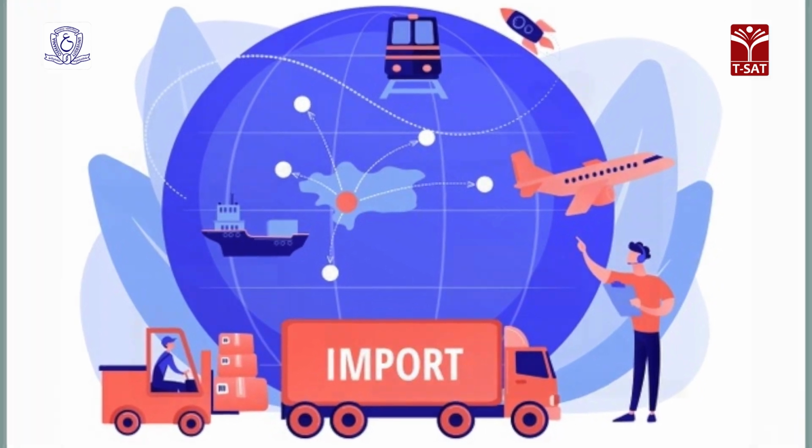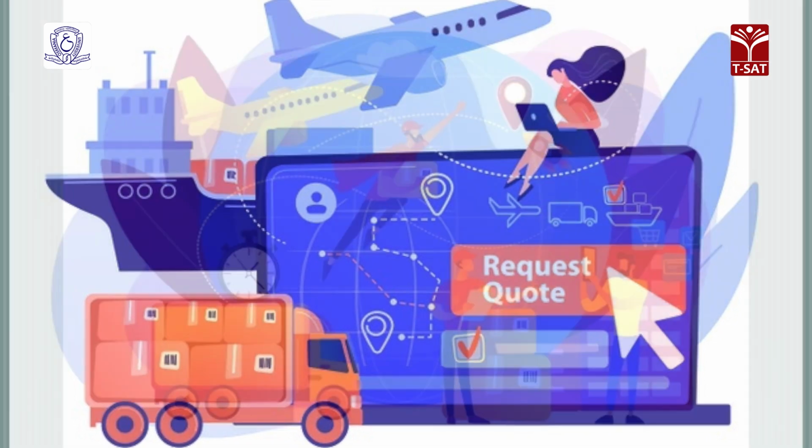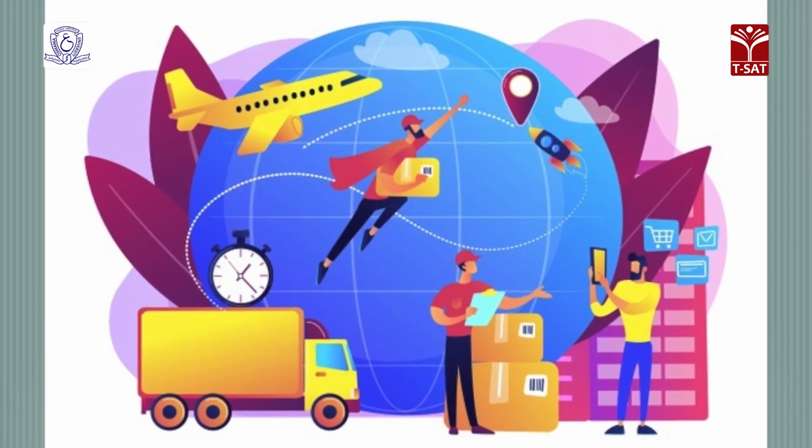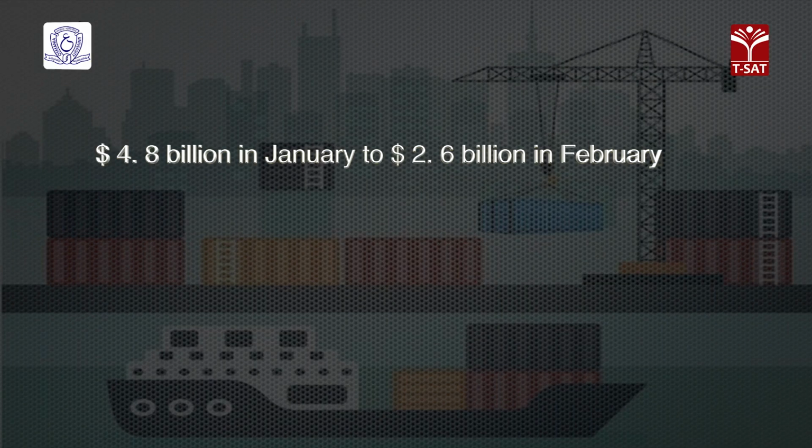Goods by geographic area, not seasonally adjusted. Suppose you are reading about the trade deficit with Canada, and you found that the goods deficit with Canada decreased significantly from approximately $4.8 billion in January to $2.6 billion in February.